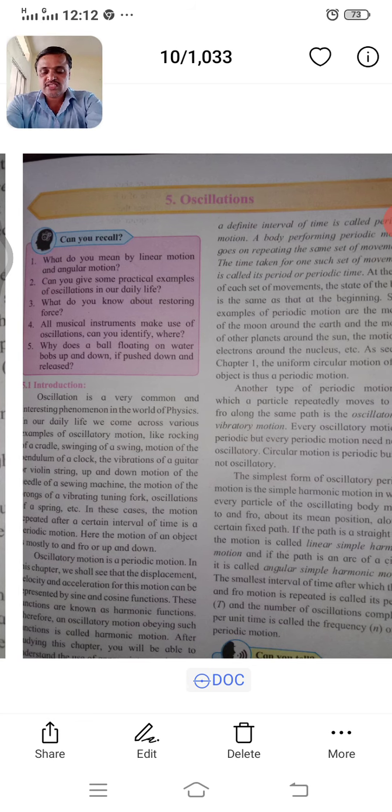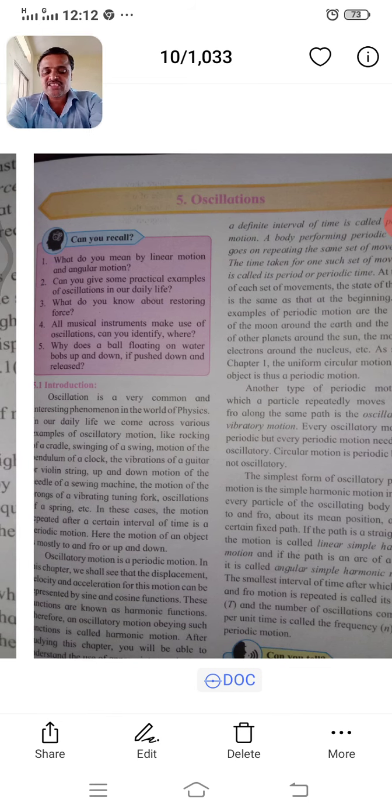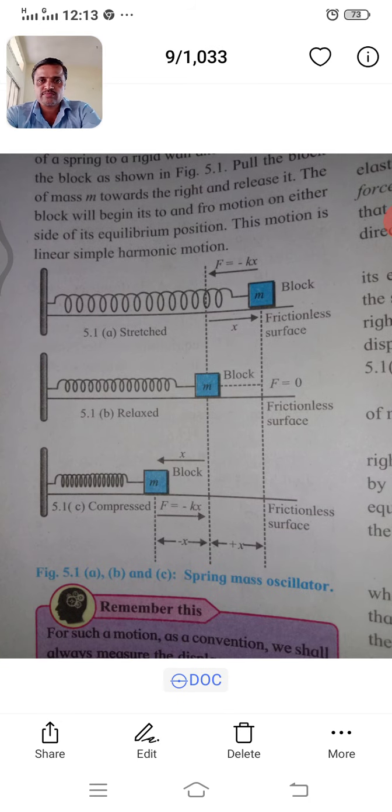Now the next point is, what is linear simple harmonic motion? It is also called SHM. SHM means simple harmonic motion. Now for that, look here, place a rectangular block of mass m on a smooth frictionless horizontal surface, as shown in the figure.